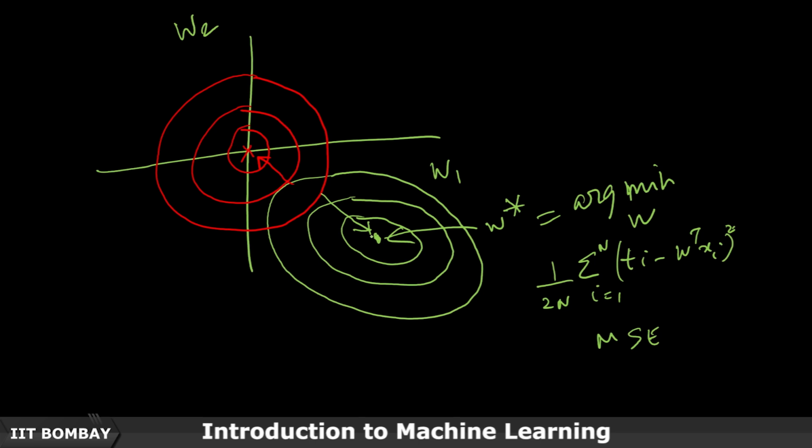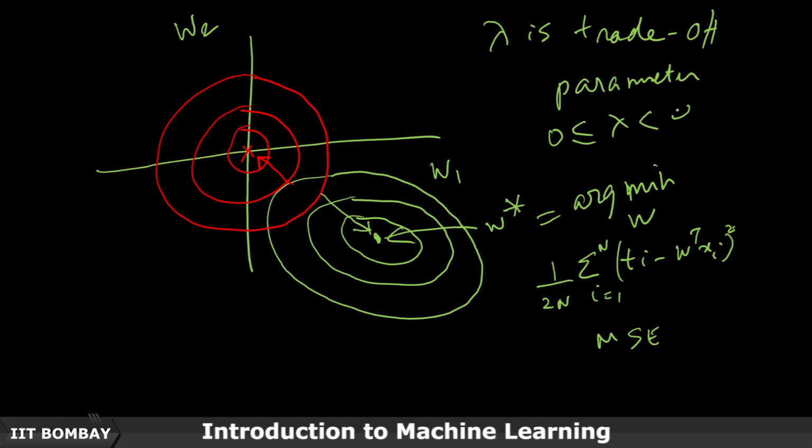So lambda is your trade-off parameter, and 0 is less than or equal to lambda, less than or equal to infinity.